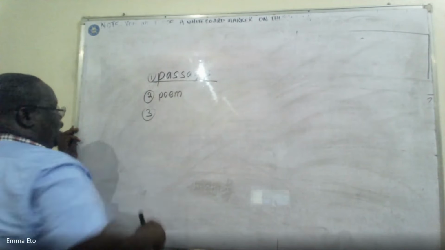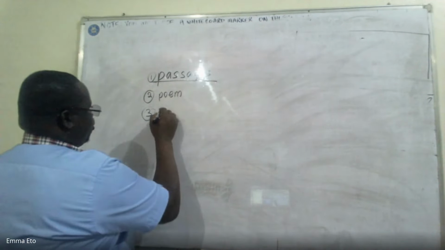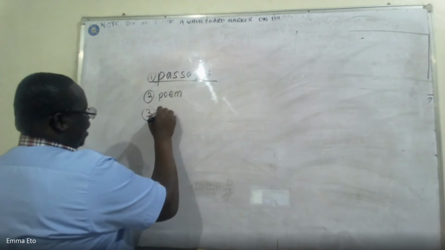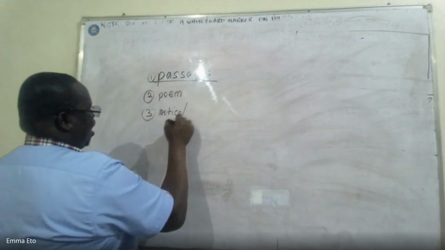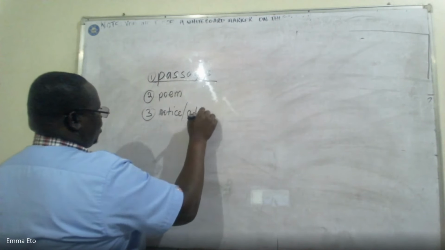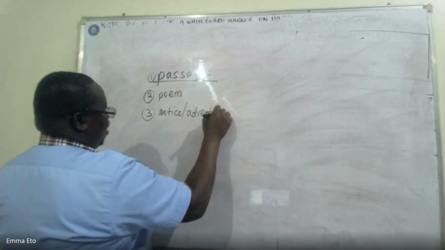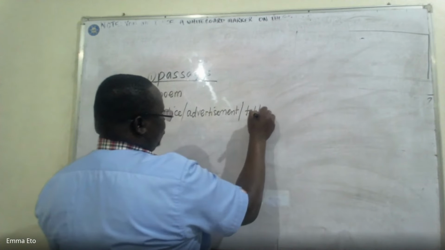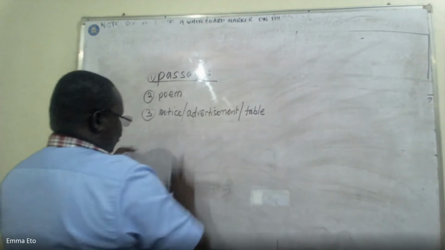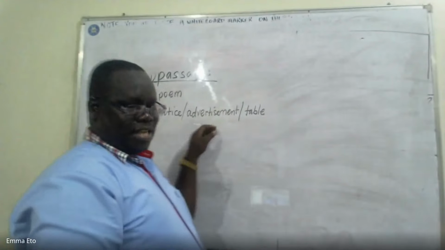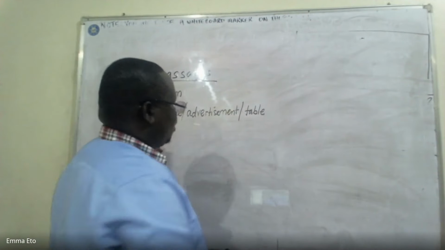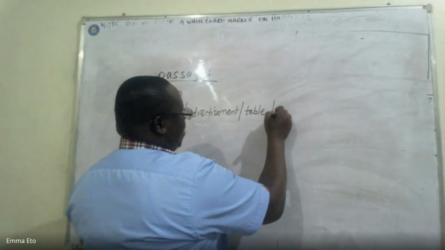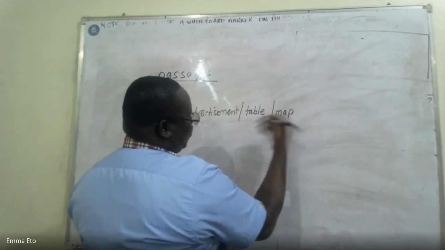There will be a notice, something like a notice, advertisement. There will be a table, something like a table. The ones I will put is from, it means that is under one aspect. There can also be a map. There is a possibility.